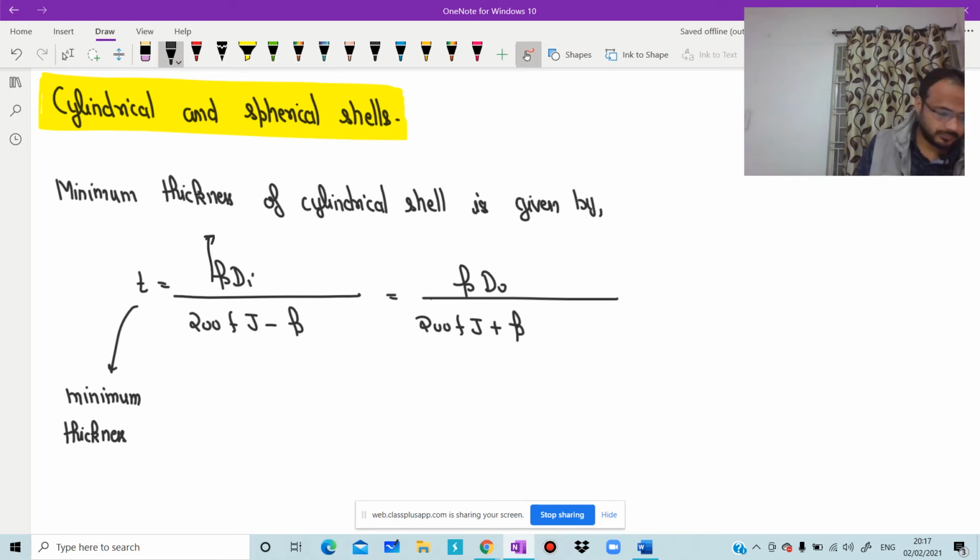P is the design pressure. Di is the inside diameter.